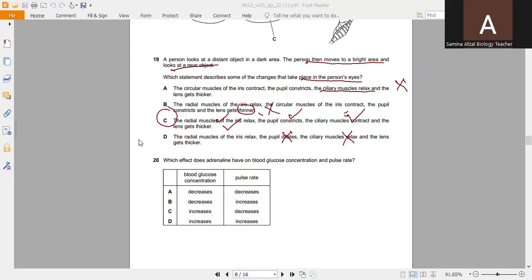Now question number 20 is there, and question number 20 is, which effect does adrenaline have on blood glucose concentration and pulse rate? Adrenaline is secreted by the adrenal glands.